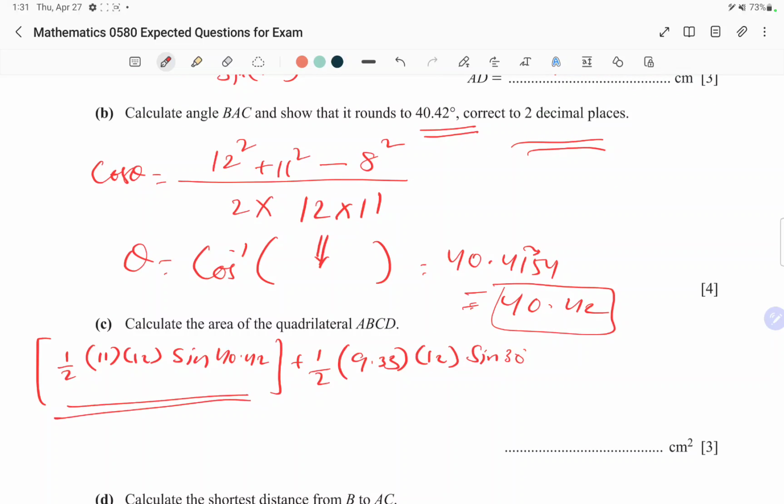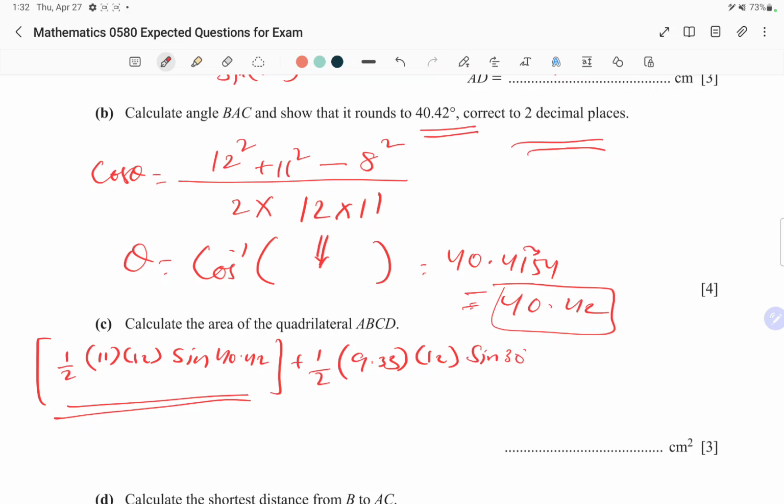Now use the calculator: 11 times 12 times sine of 40.42 over 2 plus 9.33 times 12 times sine of 30, and then divide by 2.